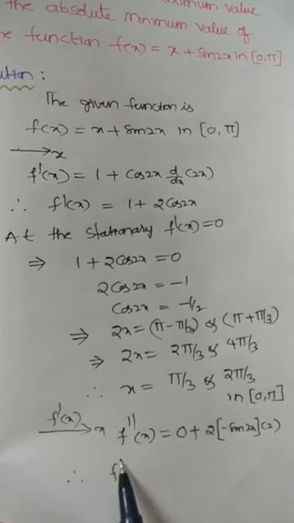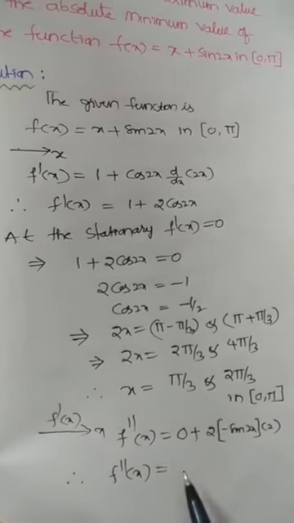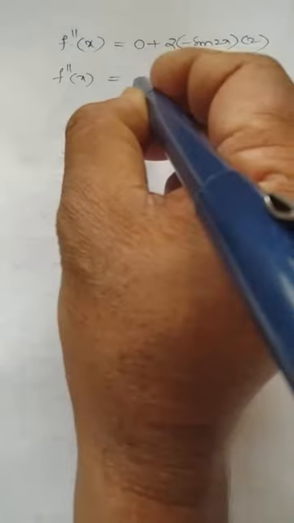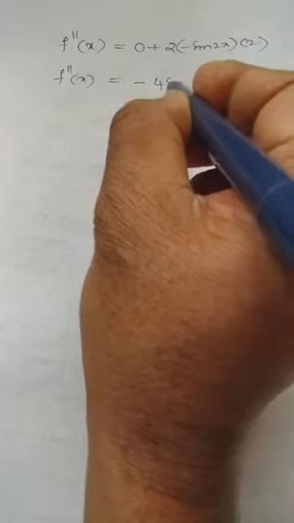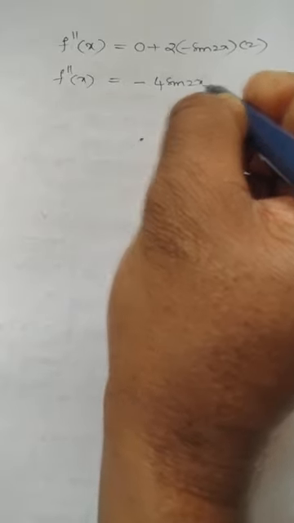Therefore f double dash of x is equal to minus 4 sine 2x.